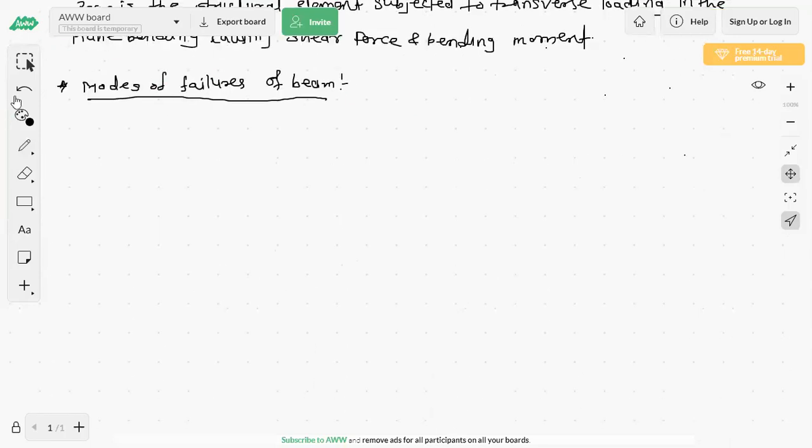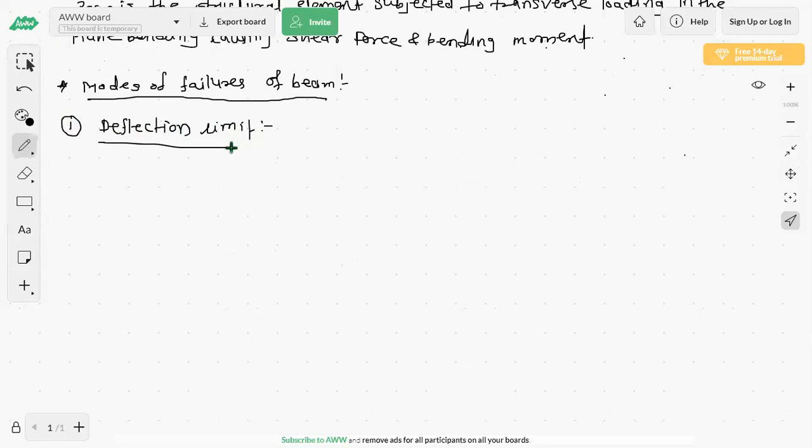Now the first mode of failure is the deflection. We are calling it the deflection limit, that we have to check. Now what is deflection, and how do we calculate deflection for the beam?